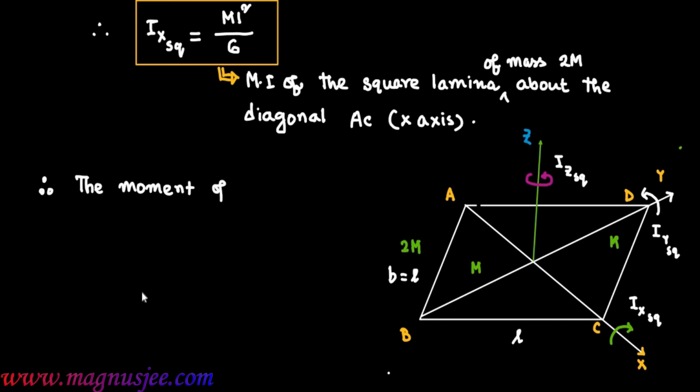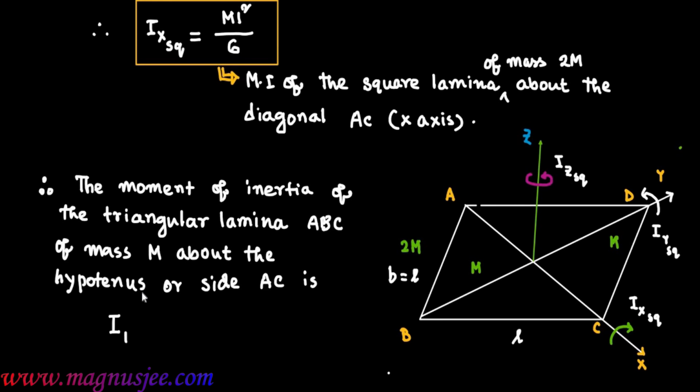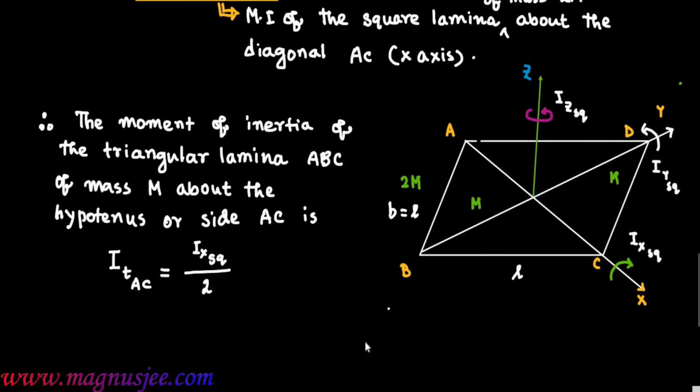Therefore the moment of inertia of the triangular lamina ABC, of mass m (the square lamina had the mass 2m, now the triangular lamina has the mass m), about the hypotenuse AC is I_T,AC equal to half of the moment of inertia of the square about the x-axis. Therefore I_T,AC is equal to I_X,SQ divided by 2, equal to mL square by 6 divided by 2.